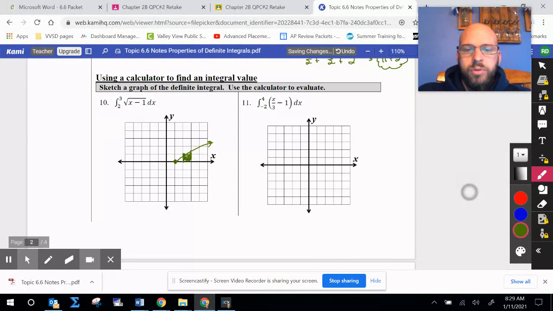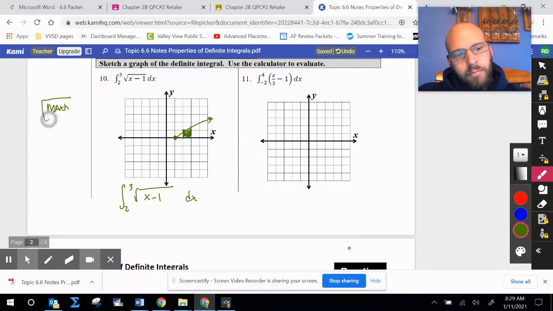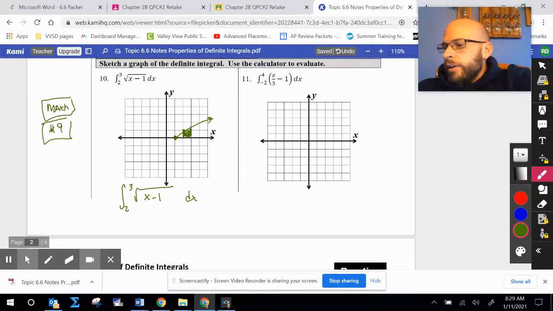Now we can use our calculators to evaluate. You can do from 2 to 3 the square root of x minus 1 dx. And you do that by hitting the math button. And then I believe it's number 9. Okay, and that will set up a nice little integral on your calculator.